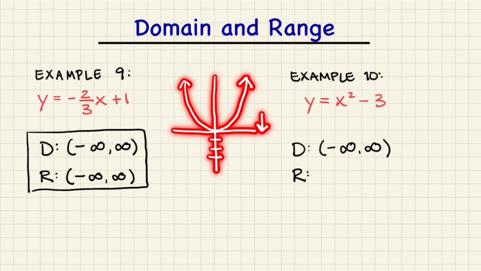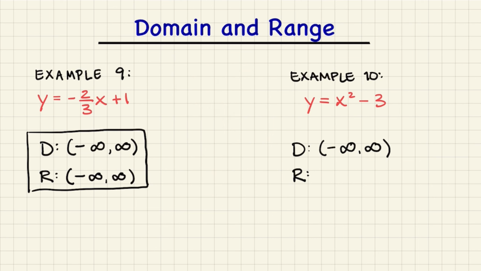So our parabola is actually going to be down here on the y equals -3 line. So instead of 0 being our lowest y value, it's going to be -3. So -3, and it is included, so it's going to be a bracket.